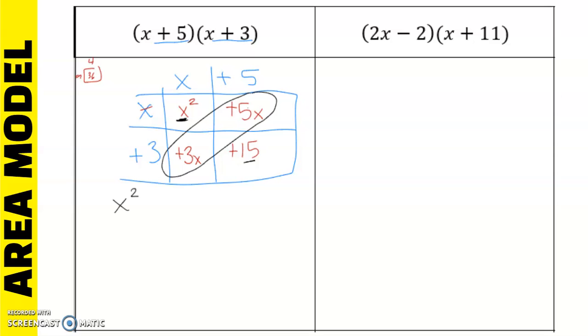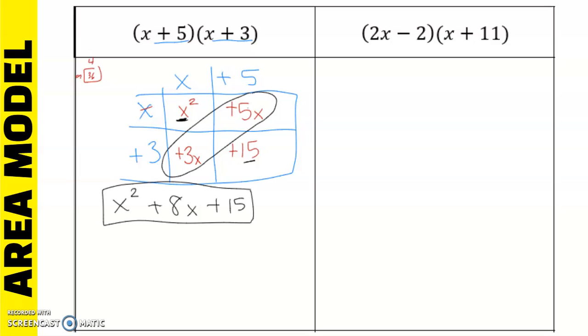I have 5x plus 3x, so I have plus 8x, and then I have that plus 15. That's as far as I can go because there's no other like terms. That's the product when I multiply x plus 5 times x plus 3. That would be the area of that rectangle, okay? That's what the area model is.